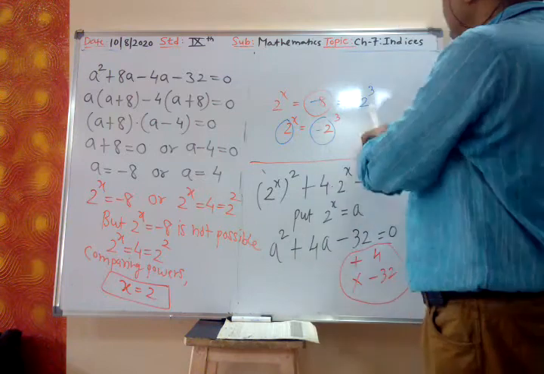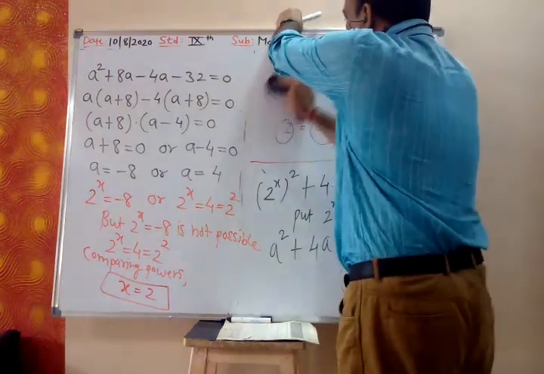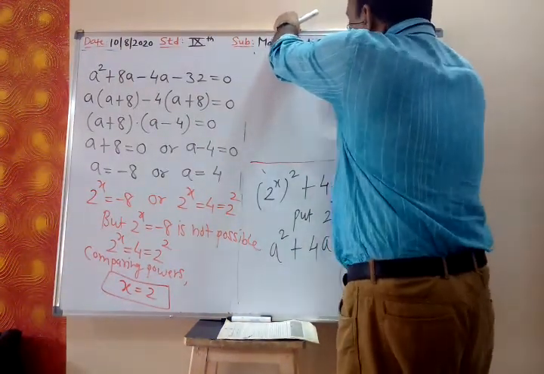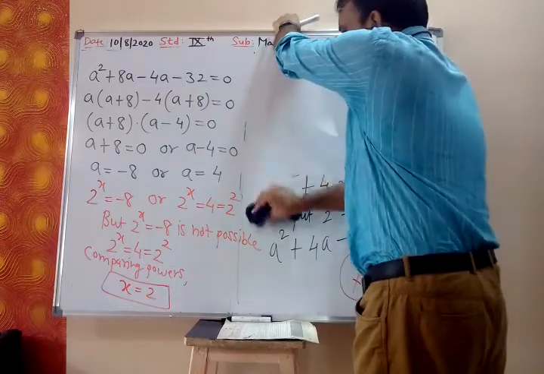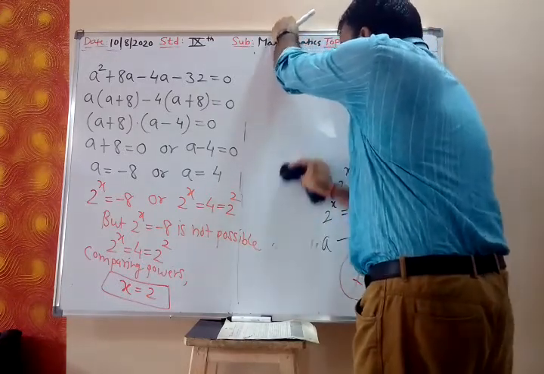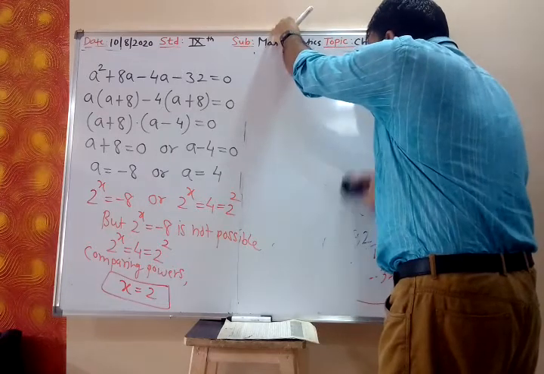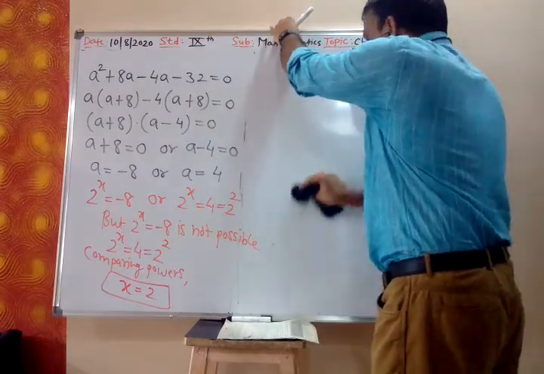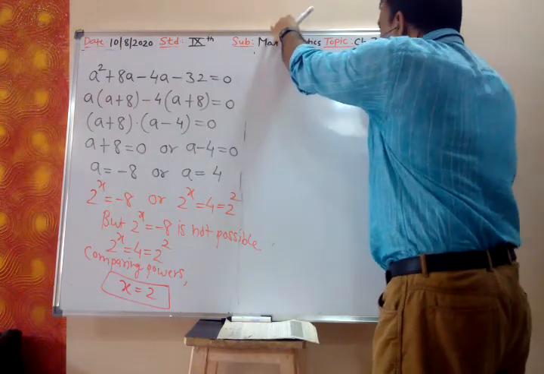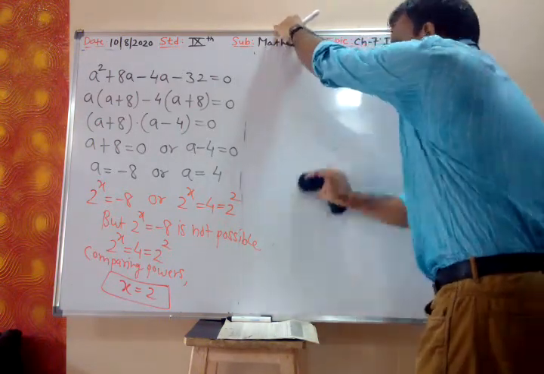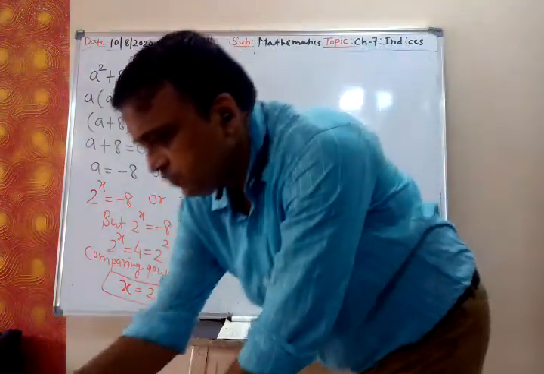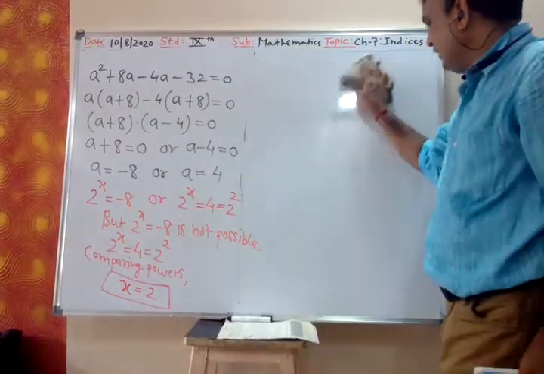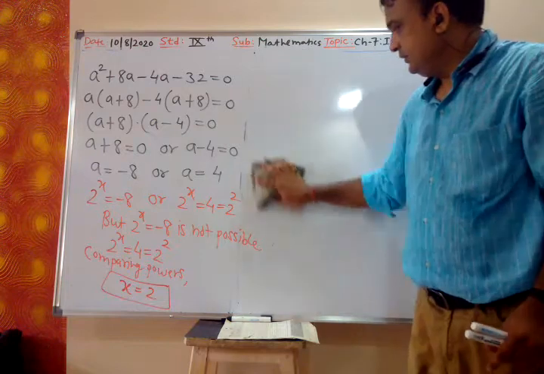So whenever 2 raised to x is equal to some negative term, it is not possible, because whether the power is 0 or negative or positive, in all cases the value will be positive. For example, 2 raised to minus 3, the power is negative, I can take that as 2 raised to plus 3, 1 upon 2 raised to 3.